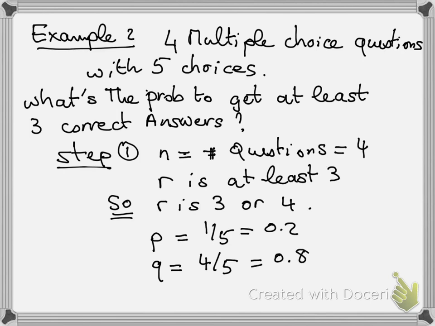That's the probability Q. Now, to answer the question, the probability that R is at least 3, we said that means R is 3 or R is 4, right? If you have at least 3 correct answers, it means you have 3 answers or you have 4 answers, because we have 4 questions.